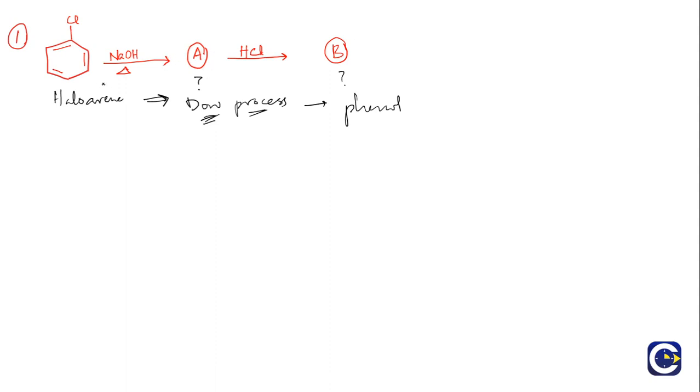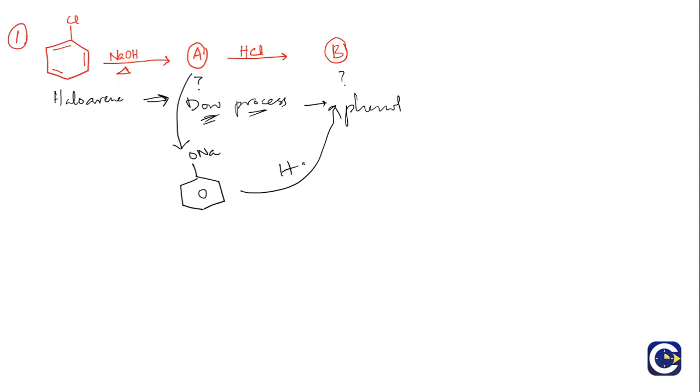And if we remember the mechanism of this reaction, in the first step of the reaction, A will be the phenoxide ion. Okay, this will be the sodium phenoxide, the product A in this reaction. Okay, this on acidification with the acid will give the product B.